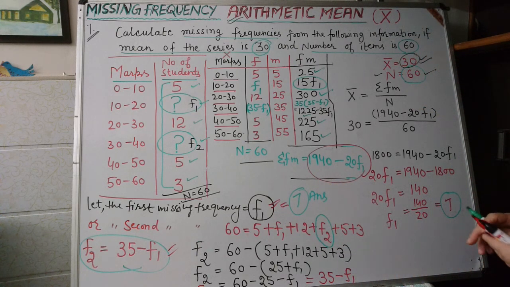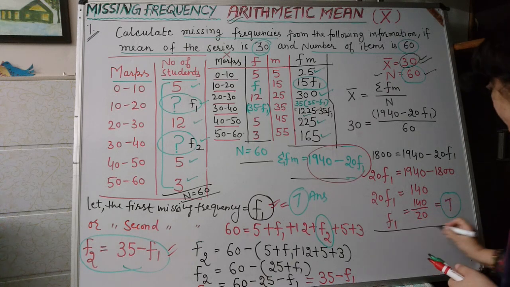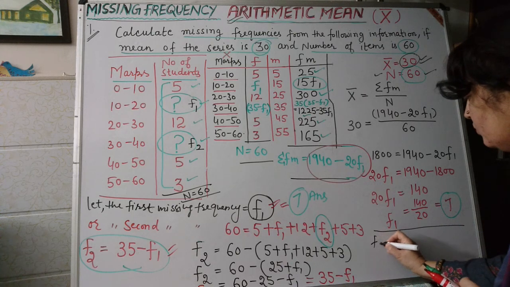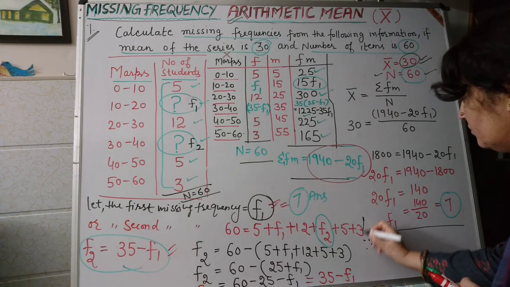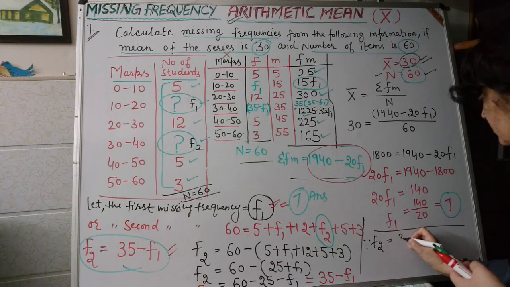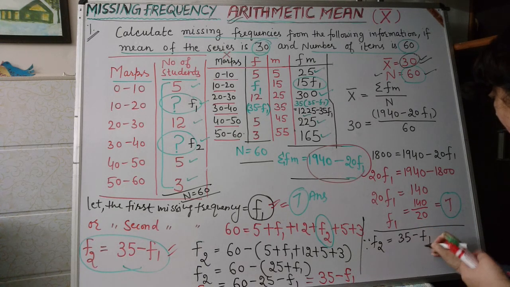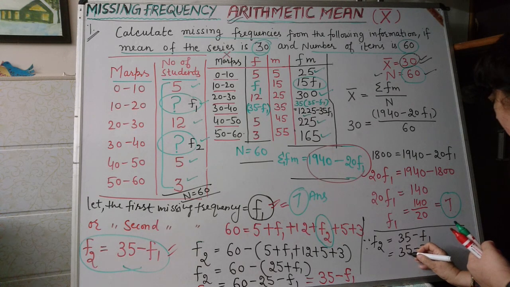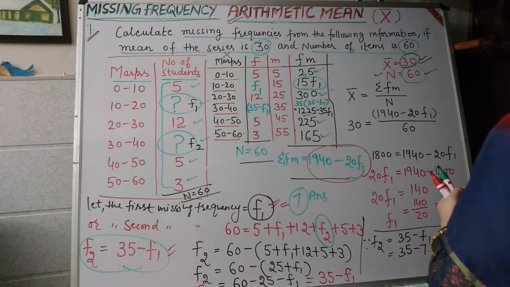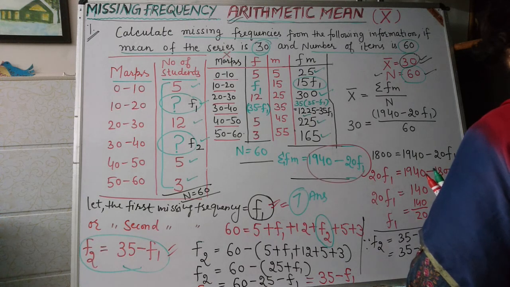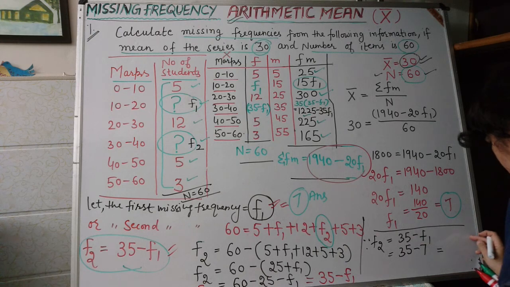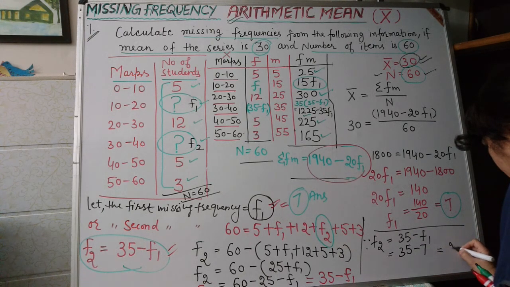And next we have to calculate F2. The value of F1 is 7, and F2 is equal to 35 minus F1, which is 35 minus 7, equal to 28.